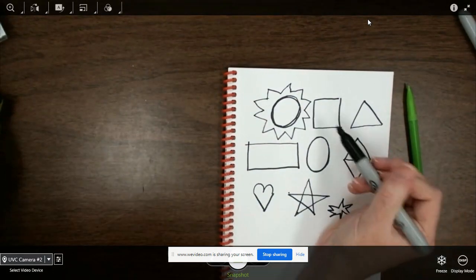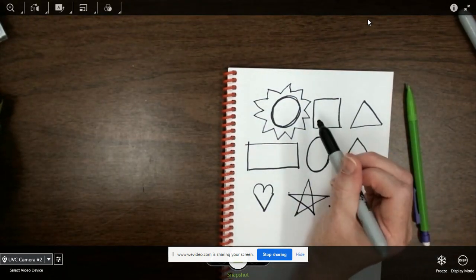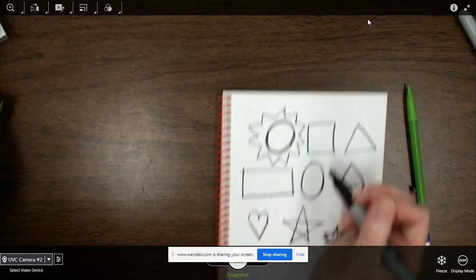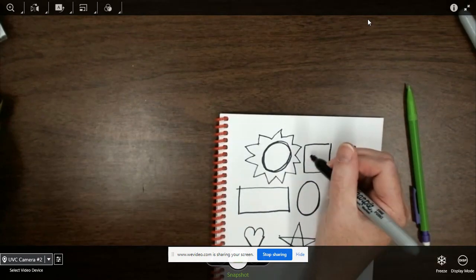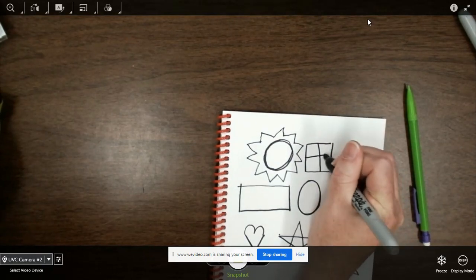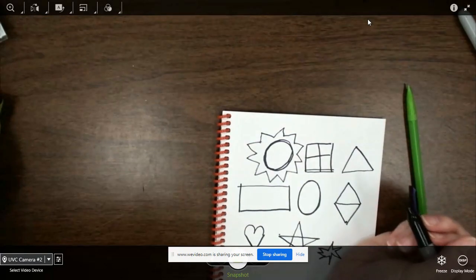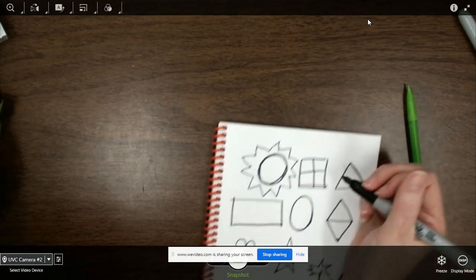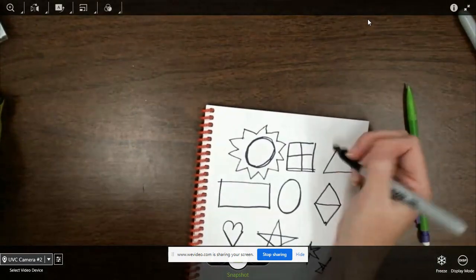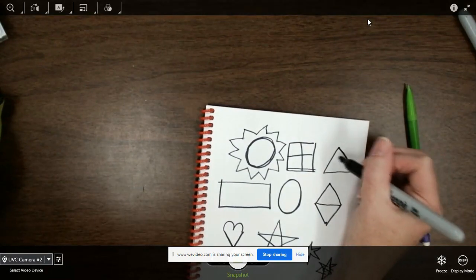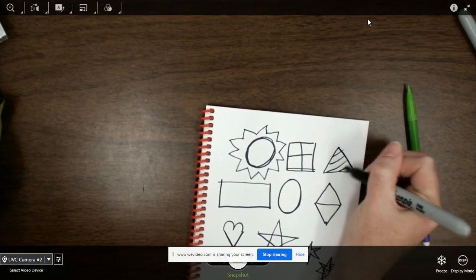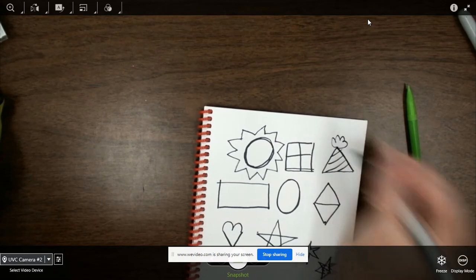We can turn this square into a window. We're looking outside to the sun. We might want to have on a hat when we go outside.